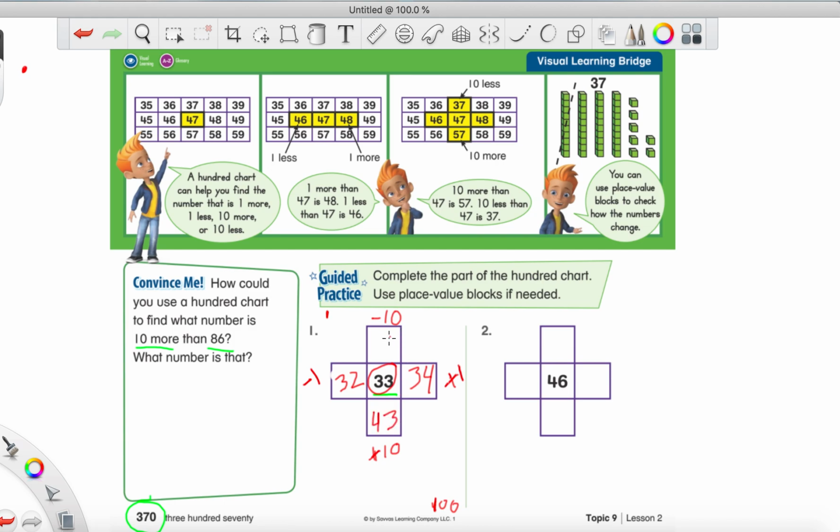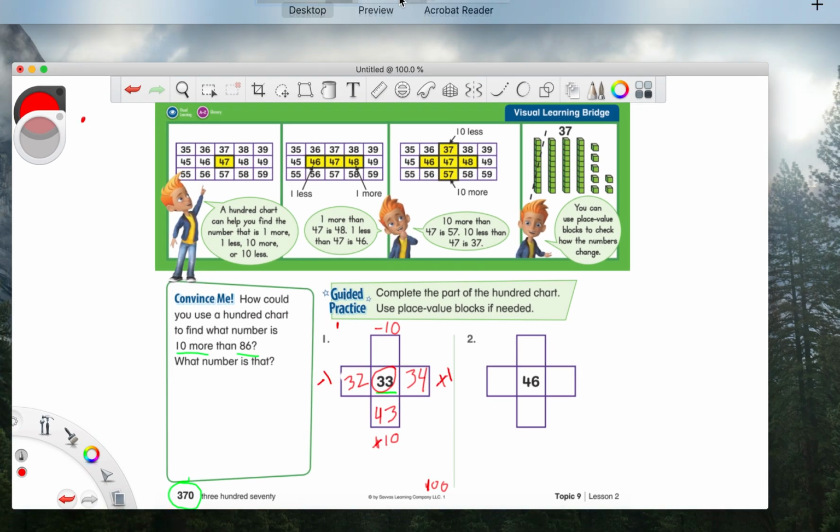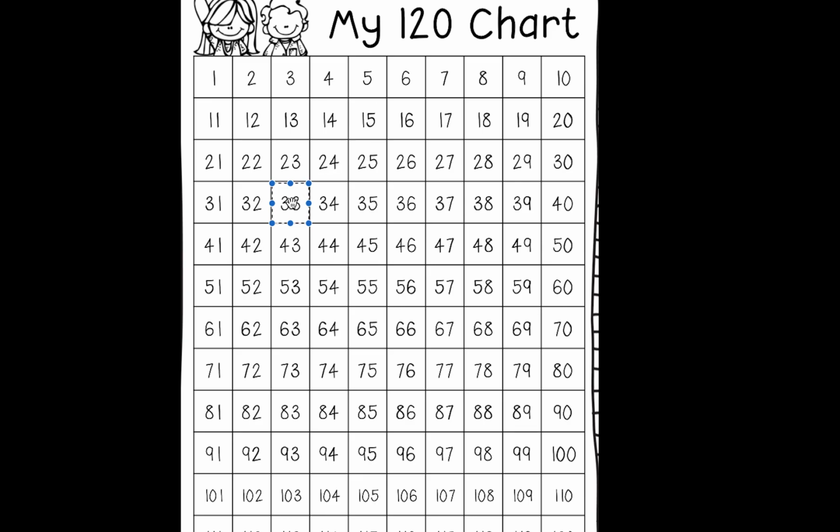And our last one is 10 less, or it's kind of like saying minus 10. All right, so for 10 less, we always want to go towards that smaller number. So we hop one time up the column, and we land on 23. So 33, 10 less than that is 23.